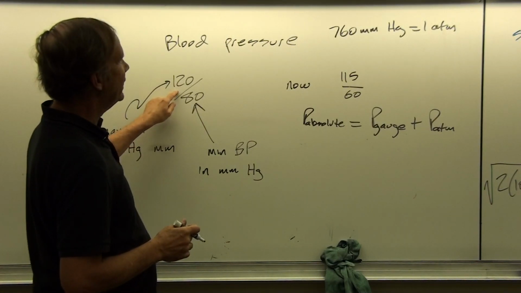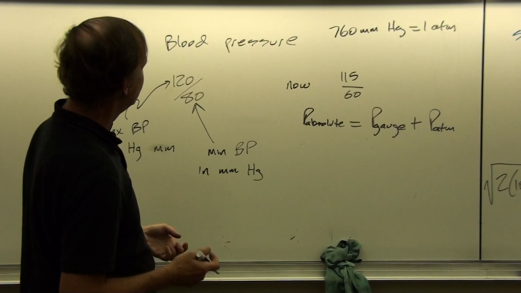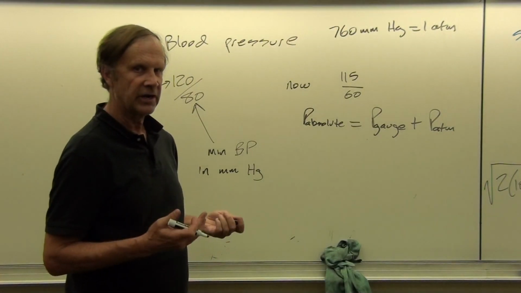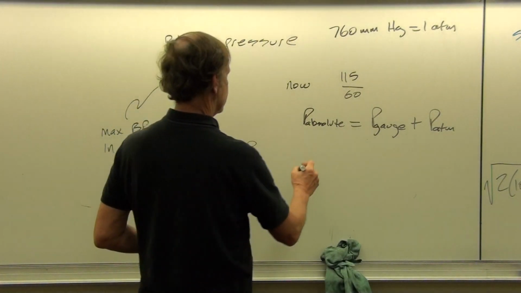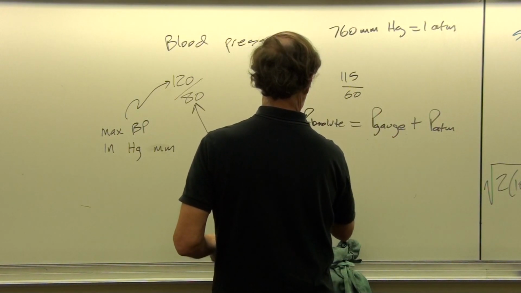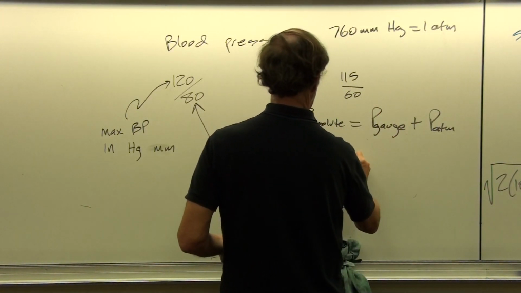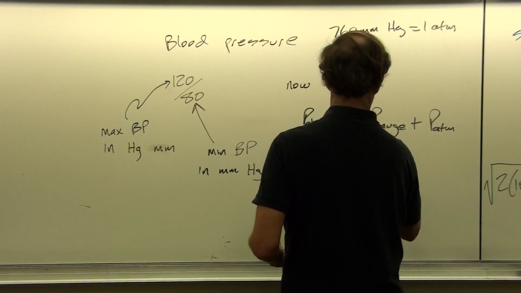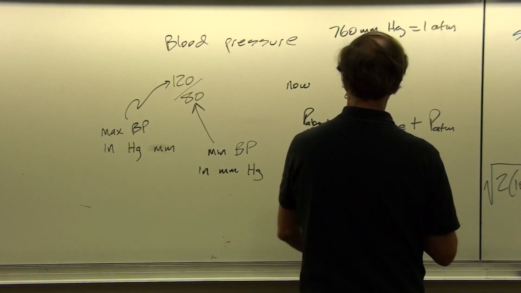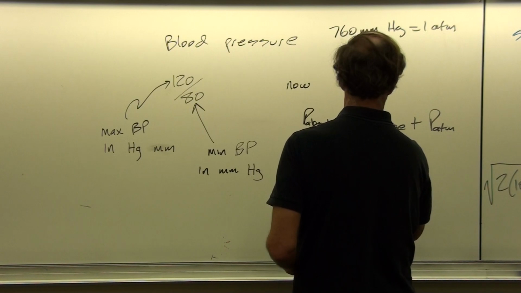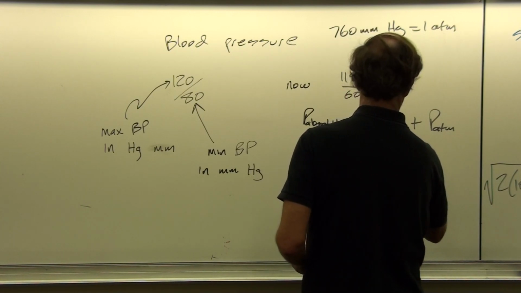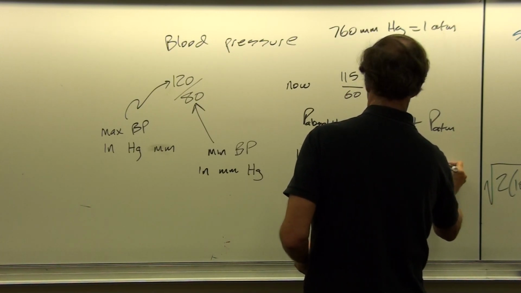And so 120/760ths is the gauge pressure in atmospheres. This is the fraction of P atmosphere.